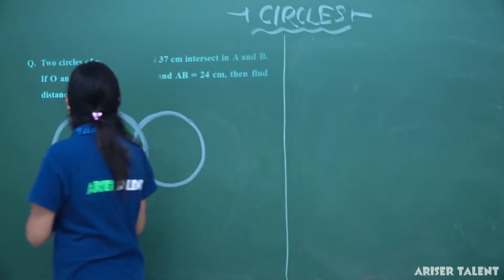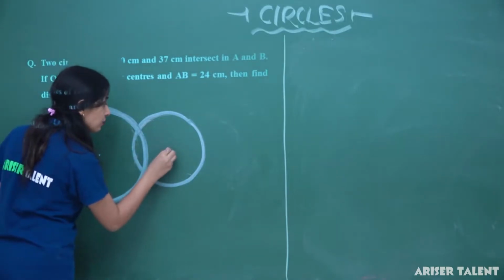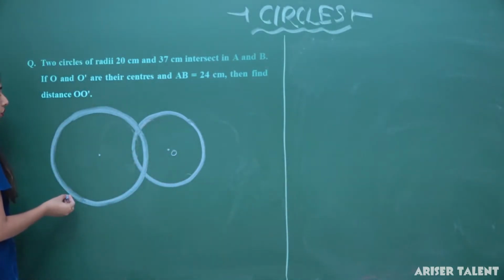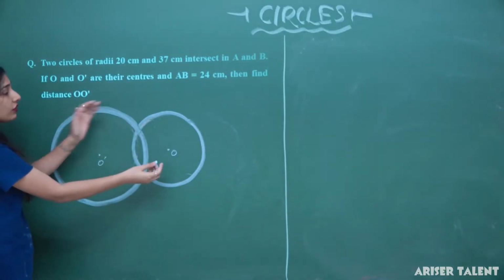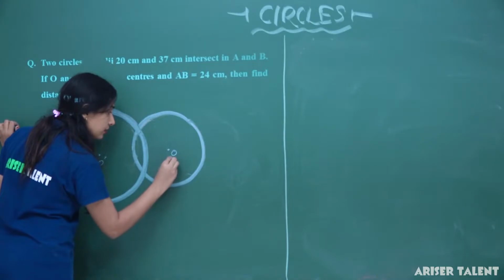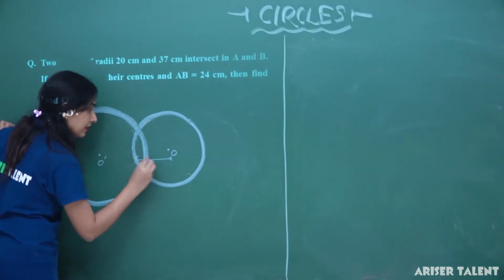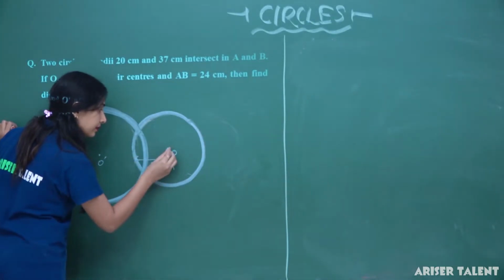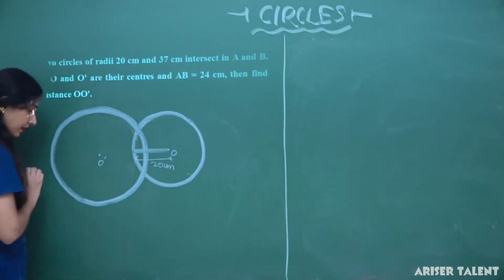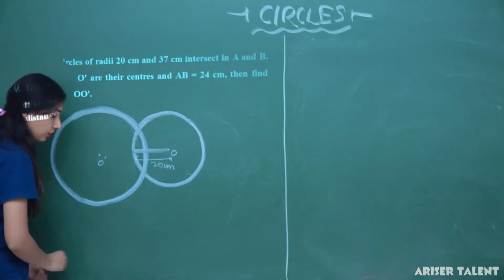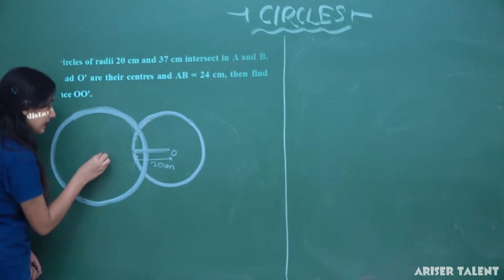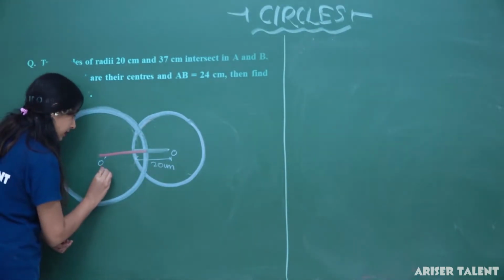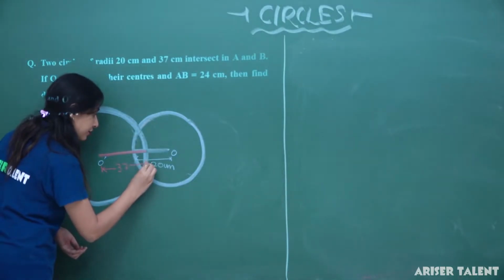Now, it is saying that the centers are what? This was the first center, this was the second center. If this is O and this is O dash, I have two circles. The smaller one has a 20 centimeter radius. The other has a radius of 37, which is O dash.